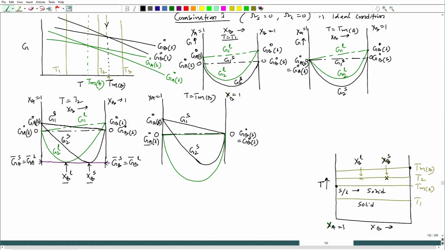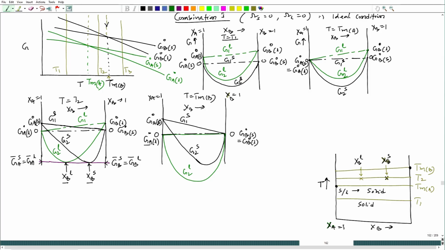For all other compositions, as xB is varying, the liquid solution free energy, this is G2, is lower than G2 of solid. So, at all other compositions at that temperature TMB, liquid will be stable, but at pure metal, at composition xB equal to 1, pure B solid and liquid both will be coexisting, okay?